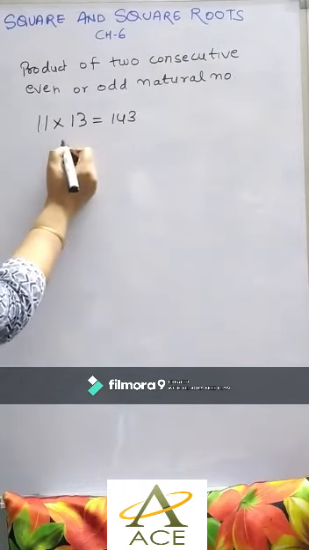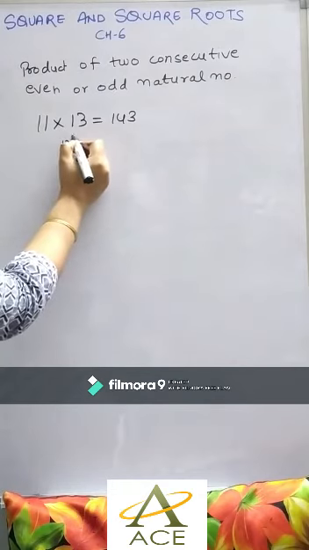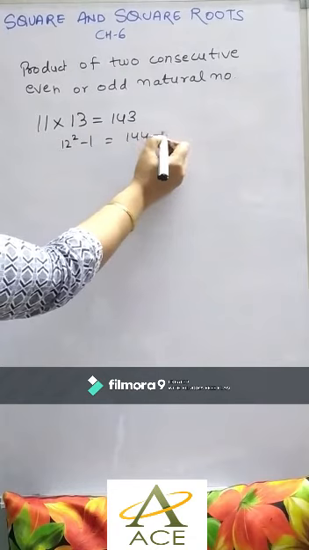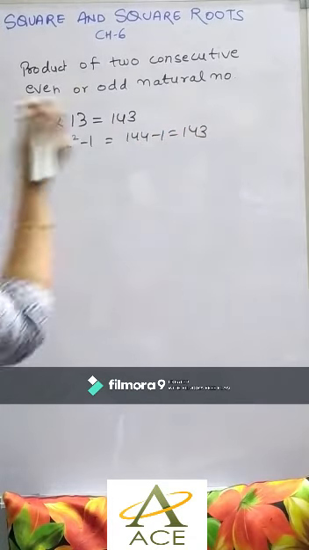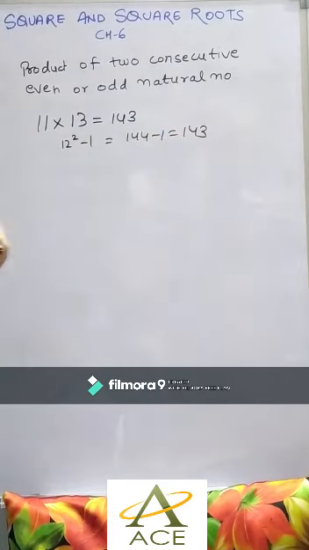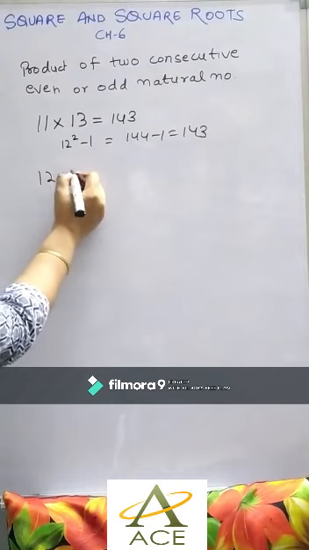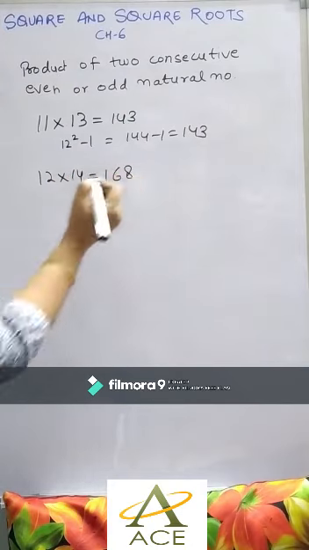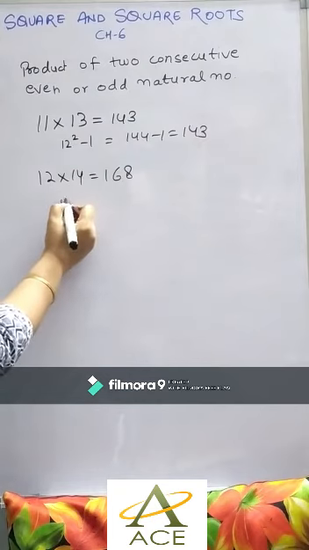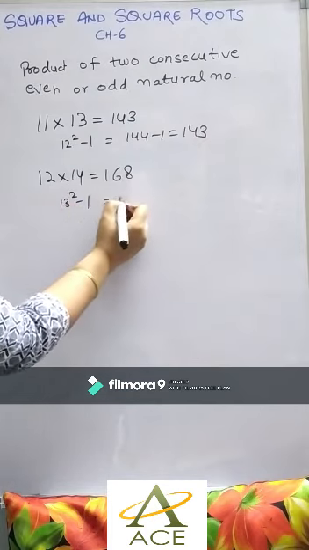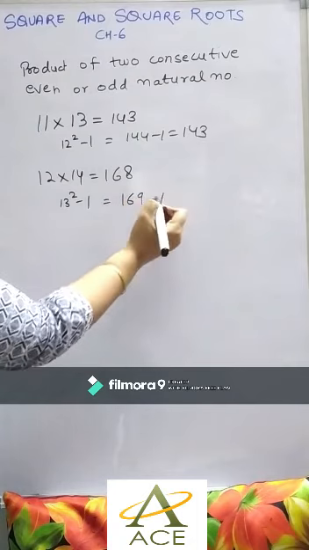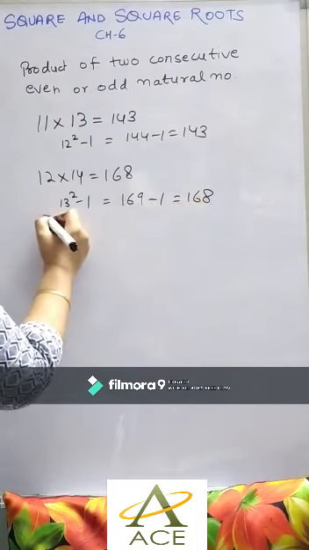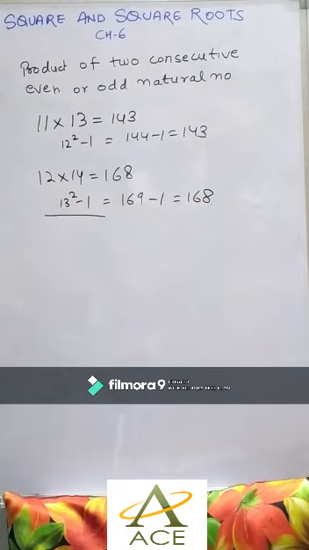We can take the middle number 12. 12 square minus 1, that is 144 minus 1 equals to 143. Similarly, we can take suppose 12 into 14, even numbers. It will come out as 168. We can take the middle number 13 square minus 1 equals to 169 minus 1 equals to 168. This is the easy way of doing it.